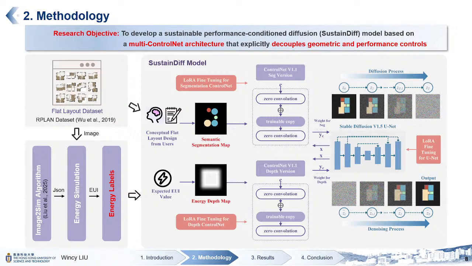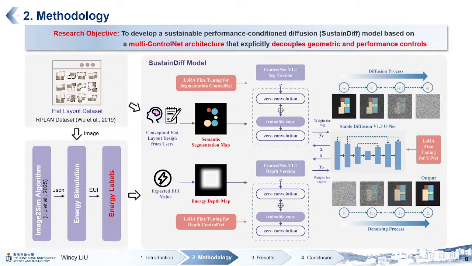The first part is to prepare the dataset and get all the energy labels of all the flat layouts in the dataset. This is a widely used dataset, the R-Plan, and many researchers in the floor layout generation domain use this dataset. But my work enhances the dataset with the energy labels.